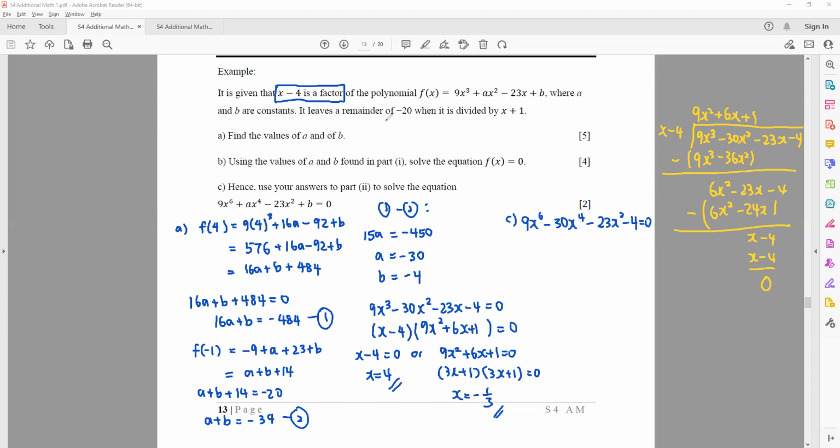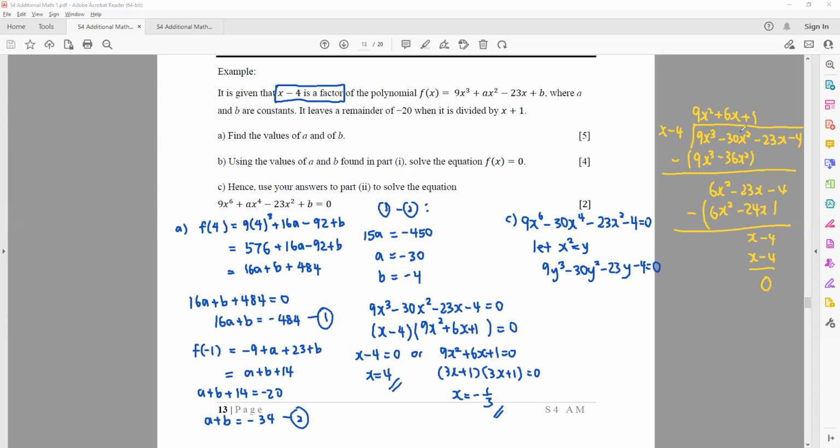So how do I change this to look like that? I let x squared be equal to y. So x to the 6 will just be y cubed. x to the 4 will just be y squared. x squared will just become y. So can you see that this and this now is the same equation, just that this is x, this is y.